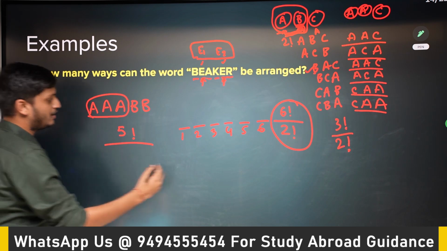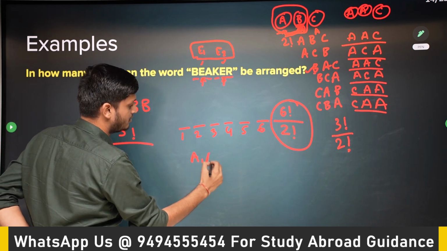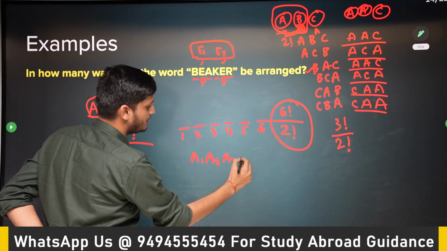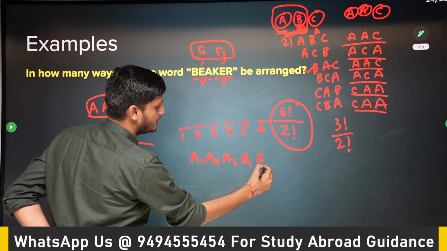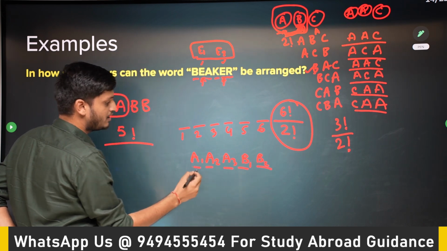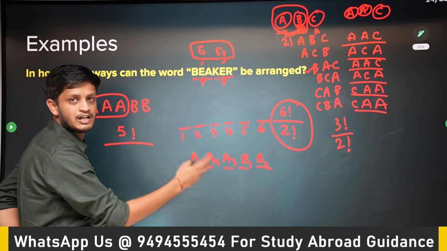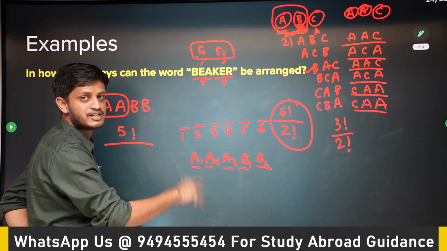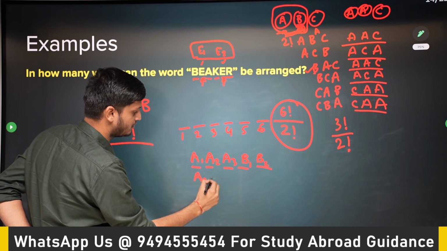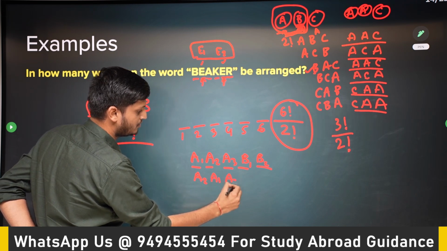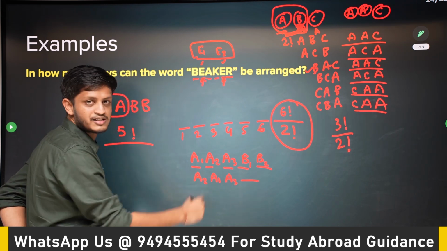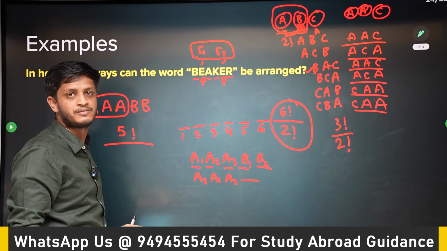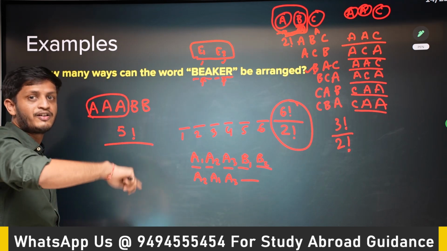Think of it, right? Like let's say you have A1, A2, A3, B1, B2. Keeping the position of everything same, if I just arrange these 3 among themselves, there will be 3 factorial or 6 ways. For example, A2, A1, A3, B1, B2, and you will have 6 ways, and all these 6 words will be same. So every permutation will be counted 3 factorial times.